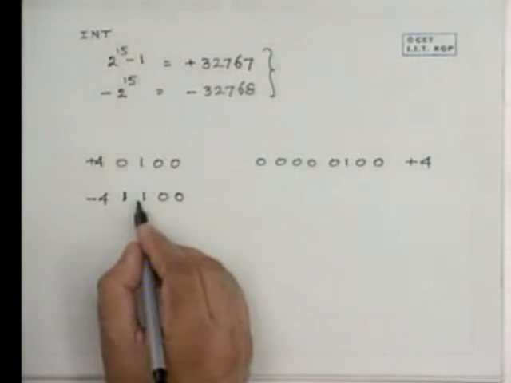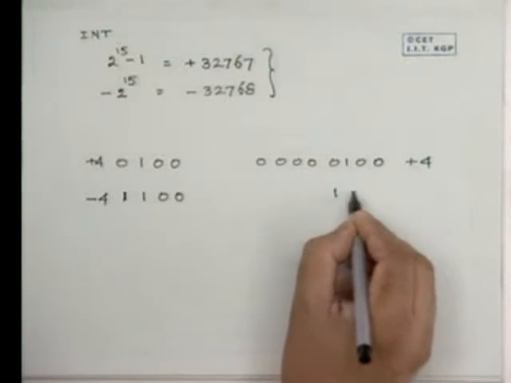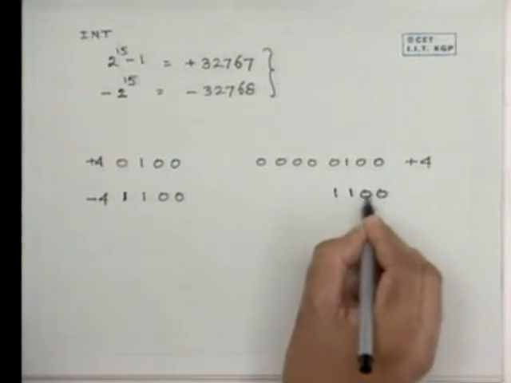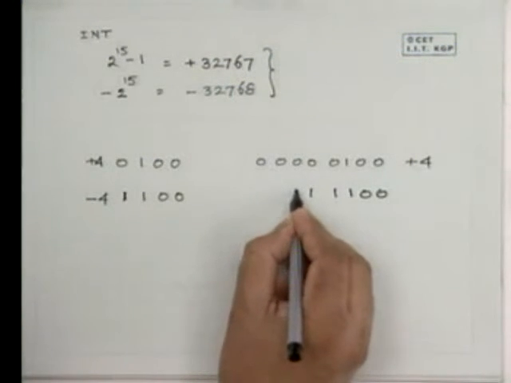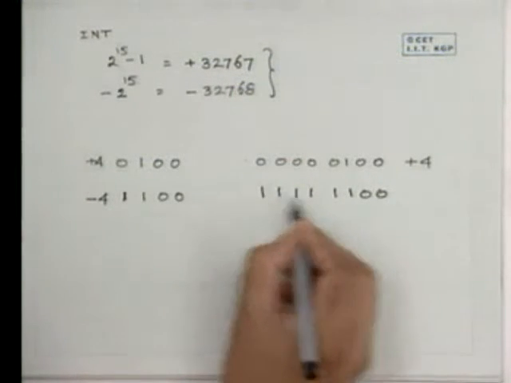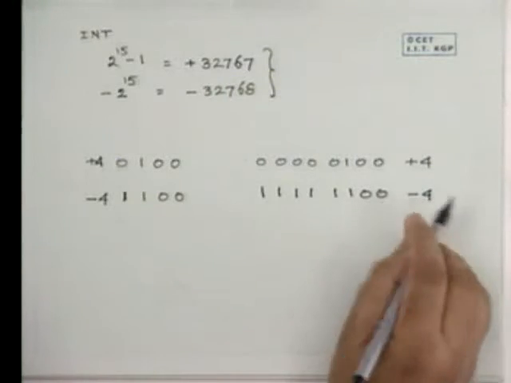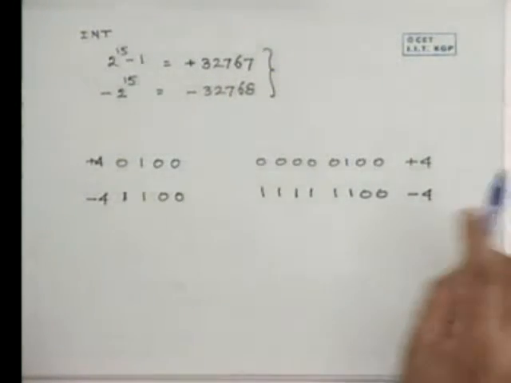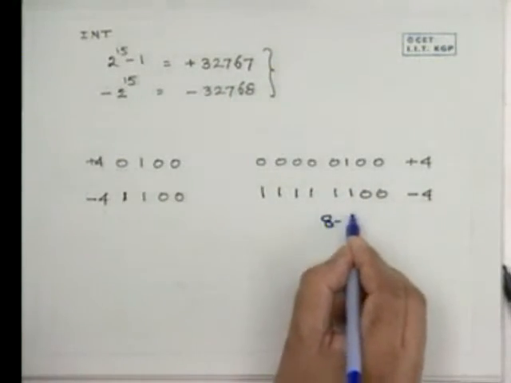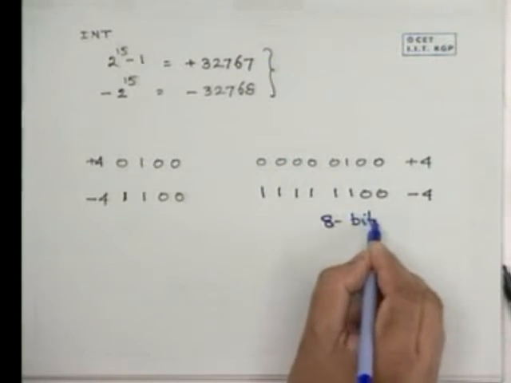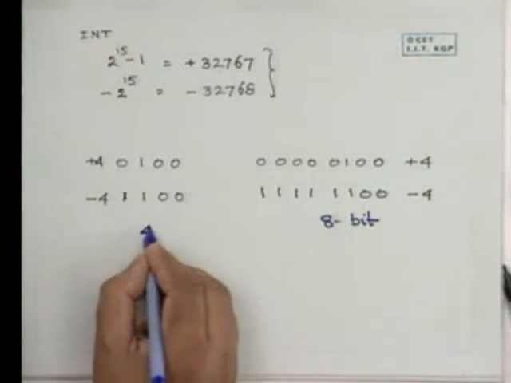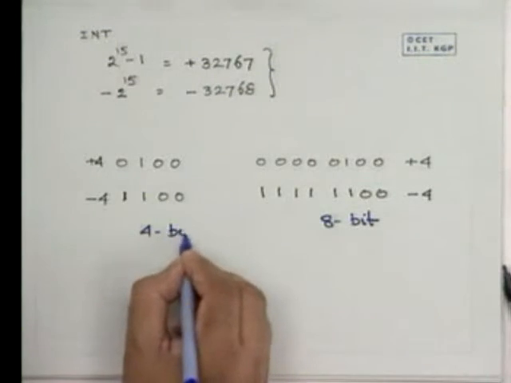For example, this is 1 1 0 0, and you propagate the sign bit towards the left, which gives your -4 in 8 bits. So this was our 4-bit representation.